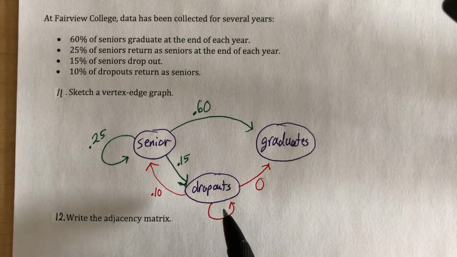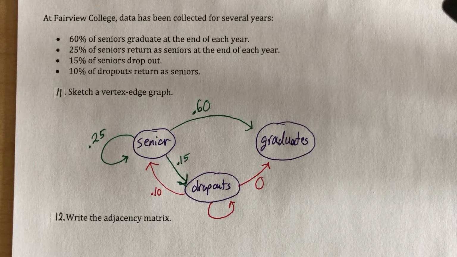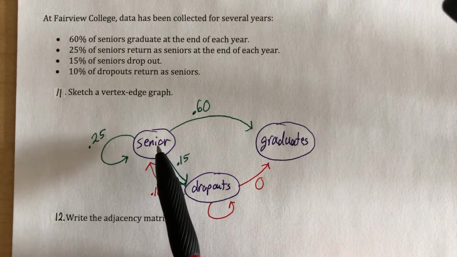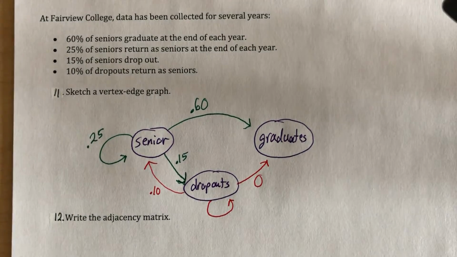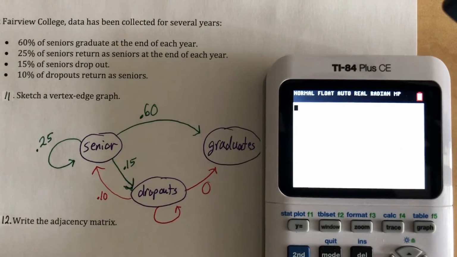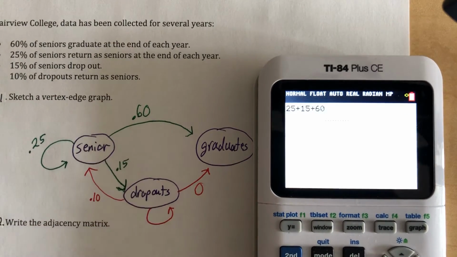No, we don't know the percent of dropouts that remain as dropouts, but actually, I lied, we do. And here's how we know that. Let's start back at seniors. 25%, 15%, and 60%. You can do this in your head, but I'm showing you on a calculator because I want you to visualize it. 25, 15, and 60 make 100%.